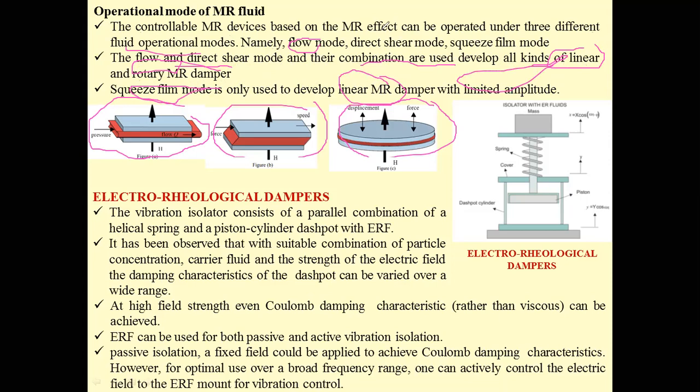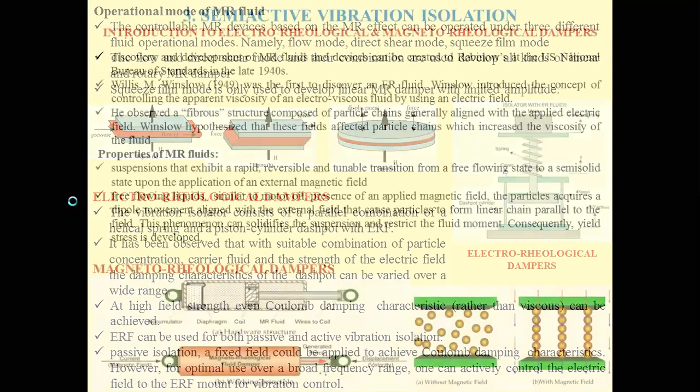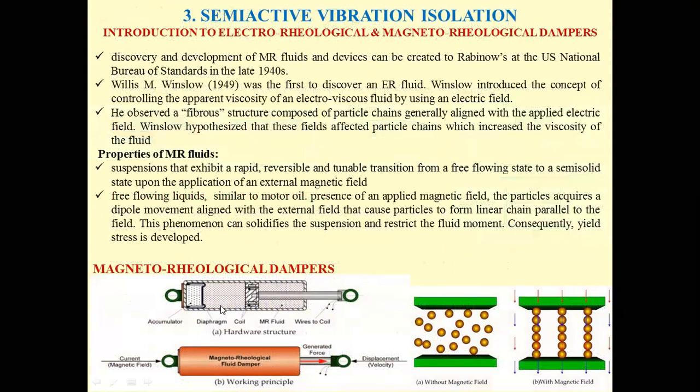So if you see the figure, this damper uses MR fluid, that is magnetorheological fluid, and there is a coil, that is wire having coil.